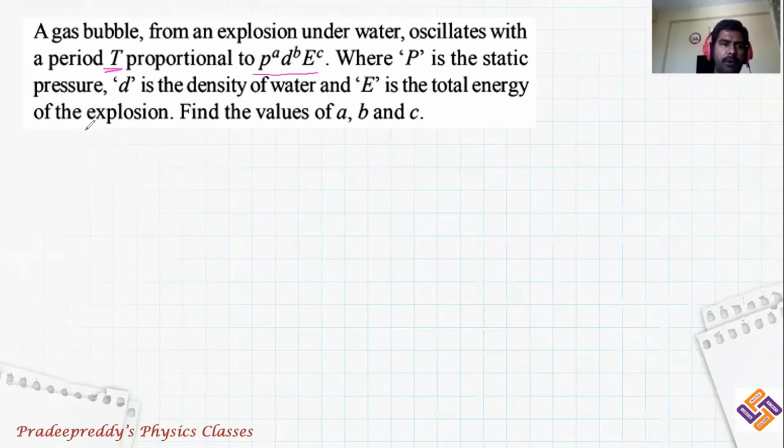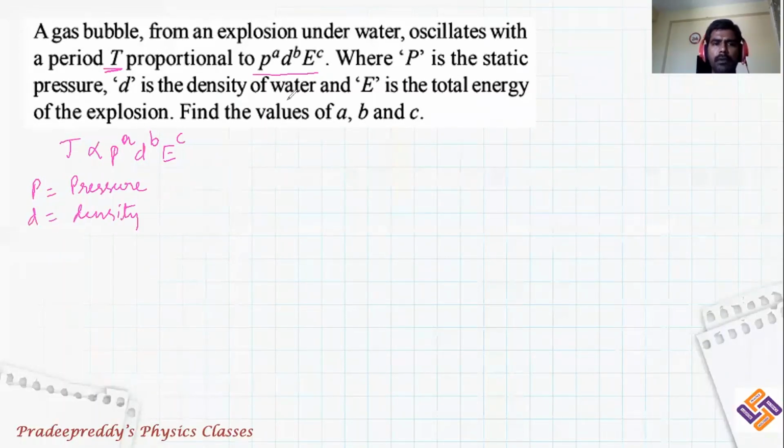This is given to you in the problem, where p is the static pressure, d is density, and E is the energy of the explosion. Find the values of A, B and C. You are supposed to find out the values of A, B, C.